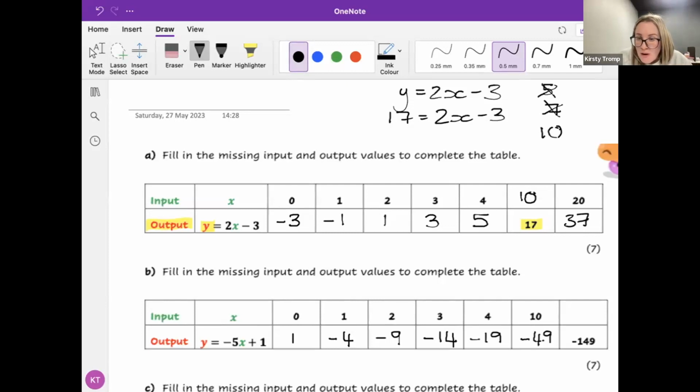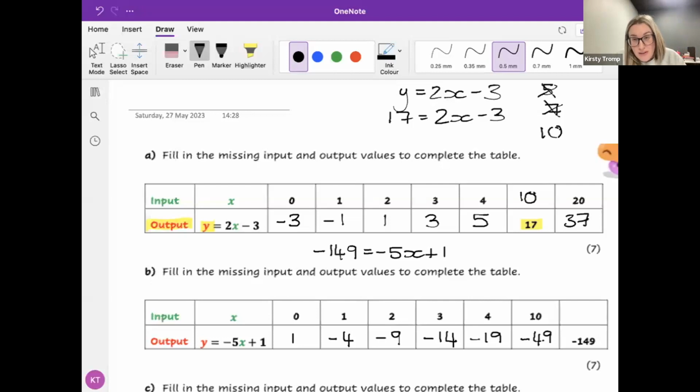Okay, so I hope that you guys were successful with those. Let's have a look at what happens if I've got negative 149 as my output. So if I have negative 149 is equal to negative 5x plus 1, I know that my x value must be greater than 10.